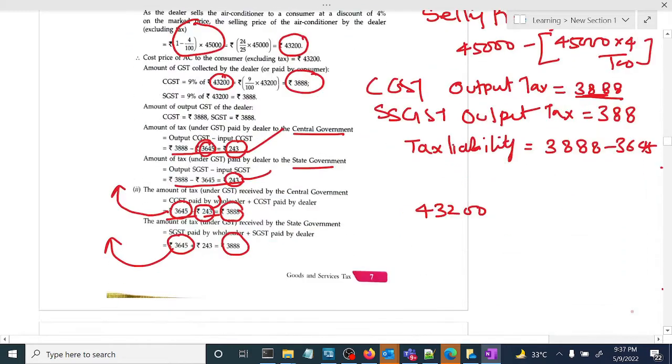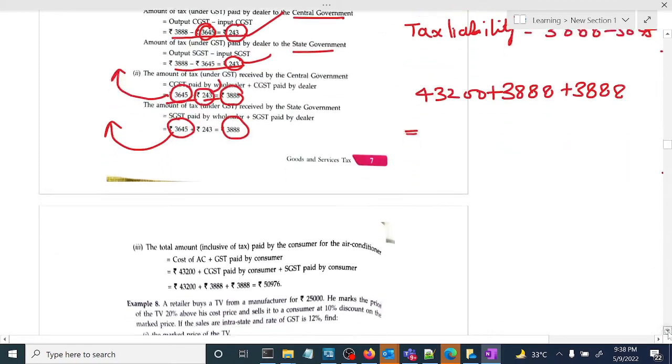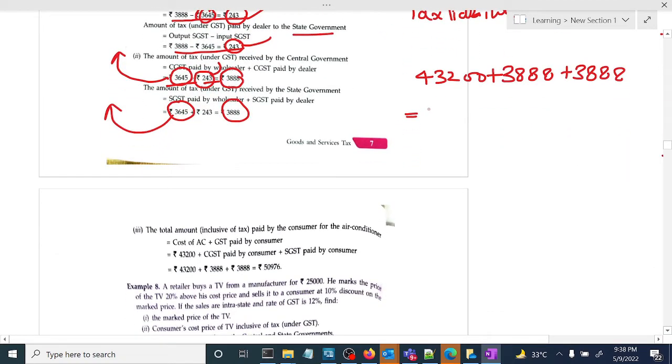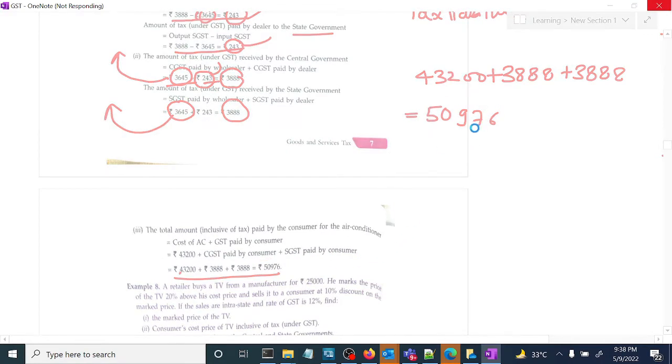Then you add the CGST for the customer, which is 3888, then SGST 3888, right? So how much is the cost? The cost is 50,976. I'm not calculating because it has already been done, right? So the cost of the AC is 43,200, plus CGST and SGST paid by the customer. This is the final cost. I hope this is clear.